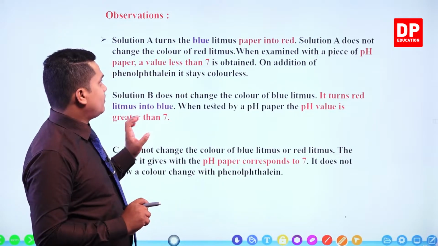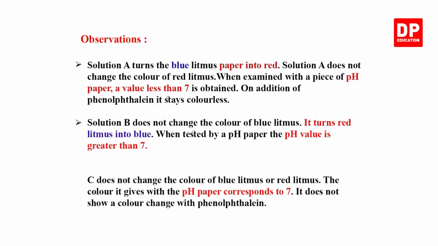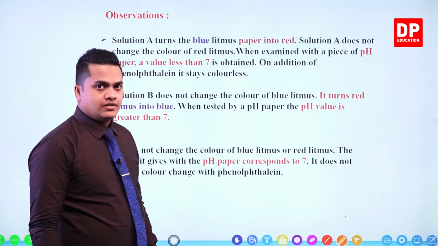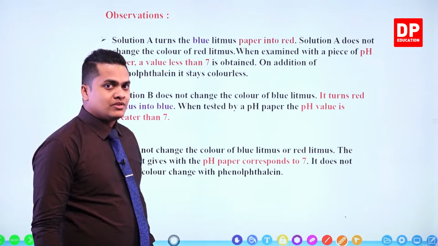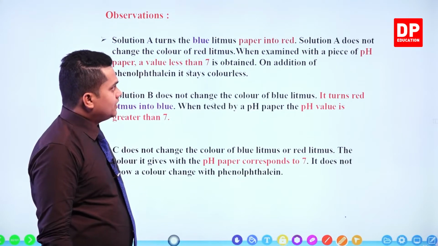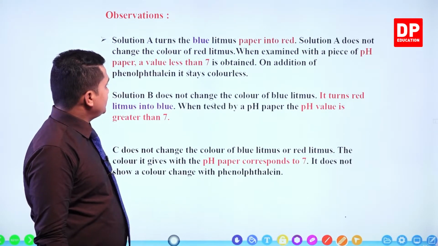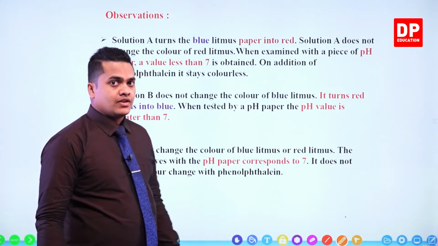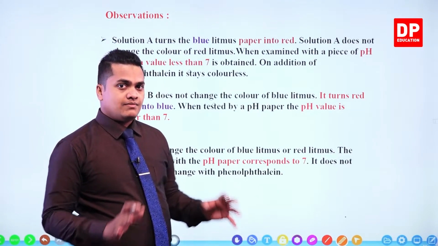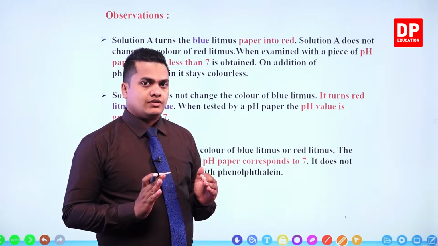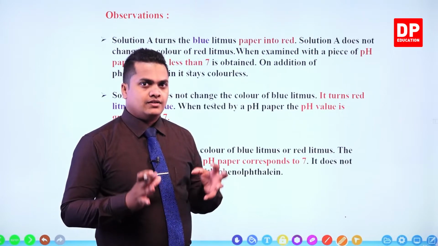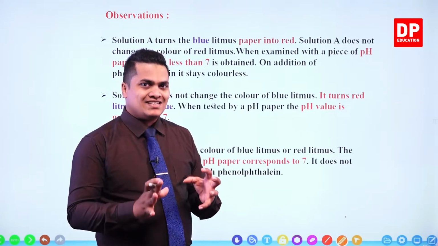So here, first of all, solution A turns the blue litmus paper into red color. Solution A does not change the color of red litmus. Red litmus color remains the same. You know, my dear children, red color is the usual acidic color.